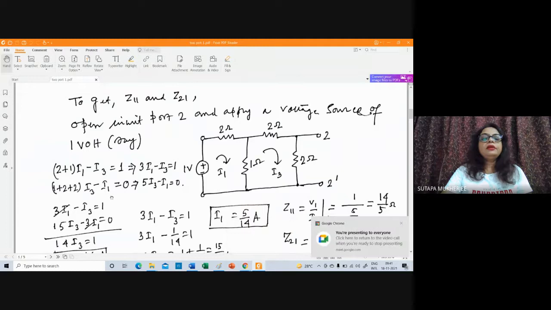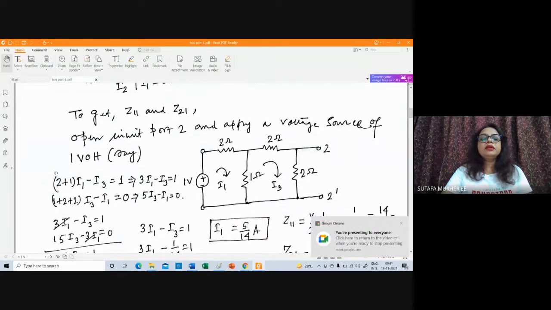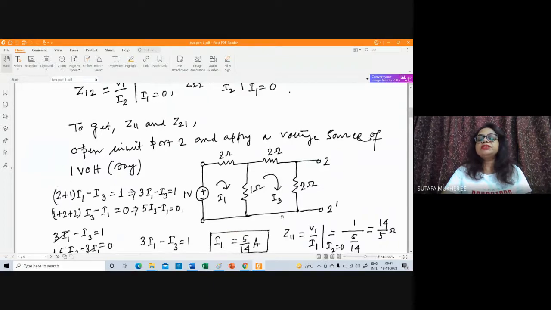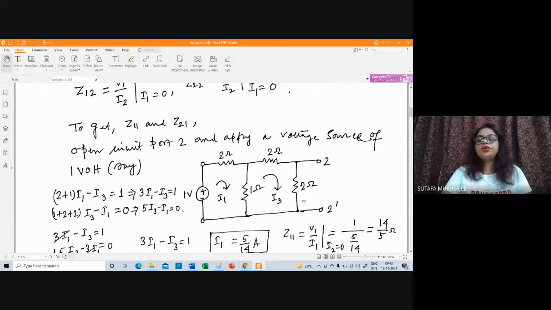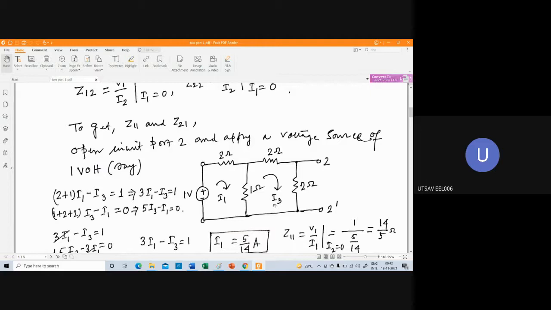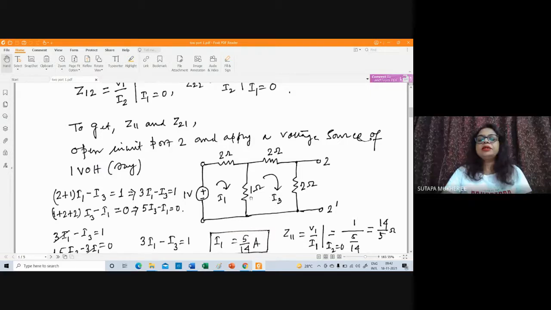Now if you consider this loop, what will be the equation? Anybody can tell me? Just follow my mouse. 1 plus 2 plus 2, into I3, minus I1, because the direction of I1 and I3 is opposite.